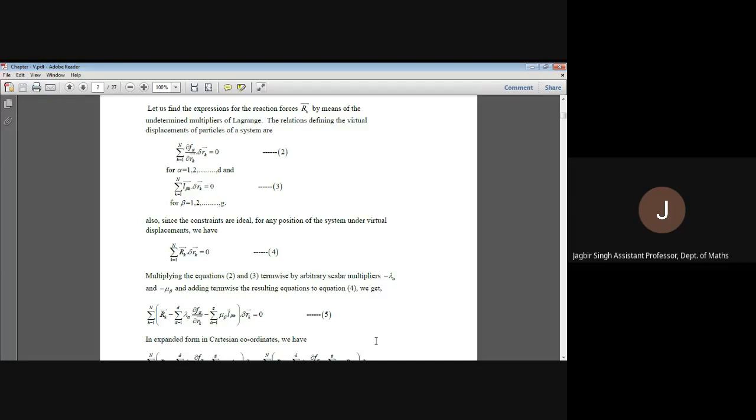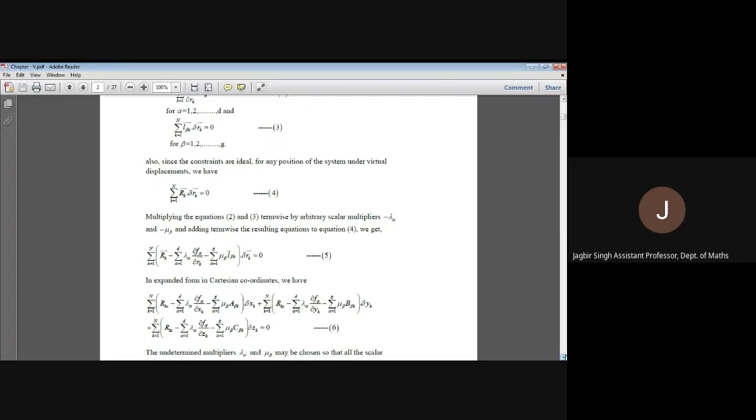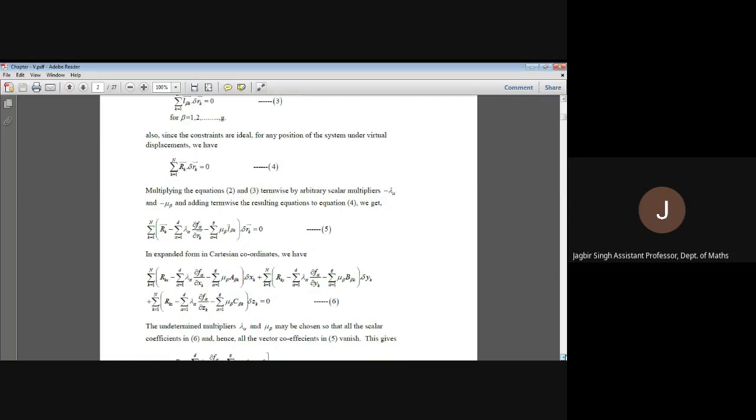Now expanding this into the Cartesian equations, we will have the coordinates of x, y, and z. So we will have summation k from 1 to capital N rkx minus summation alpha from 1 to d lambda alpha curly f alpha by curly xk. As we discussed earlier, rk is rkx i cap, rky j cap, rkz k cap.